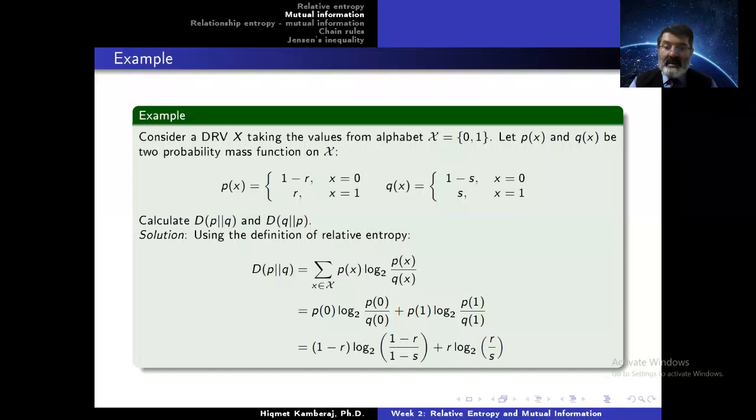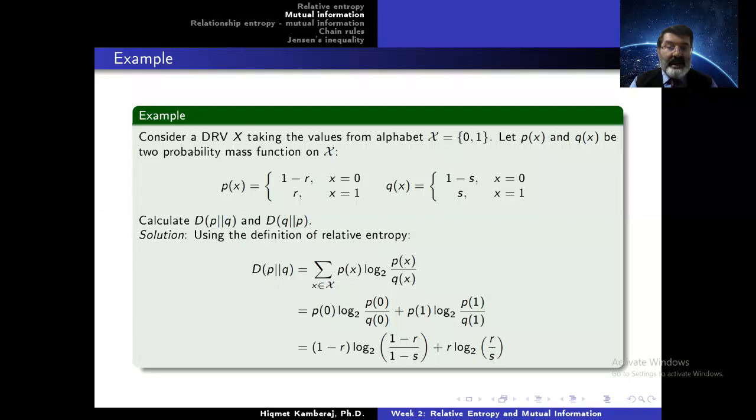Using the definition of the relative entropy, D(P‖Q) is equal to the sum over all x from the set 𝒳 of P(x) log base 2 of P(x) over Q(x).